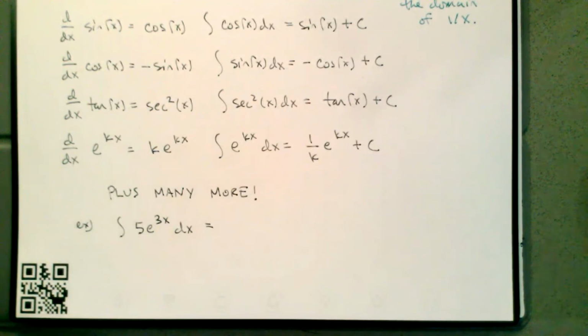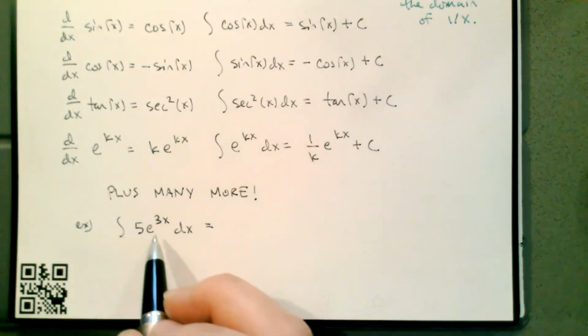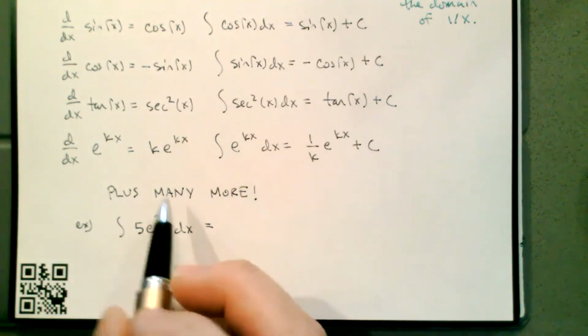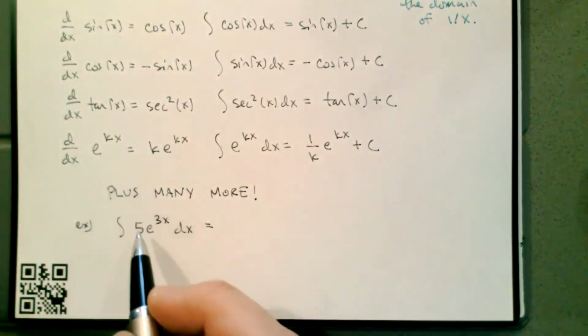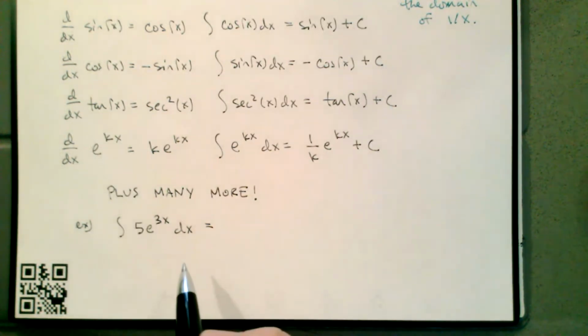Since the last one we did was this e to the kx business, let's integrate an e to the kx. What we have to do is make sure that we separate out what role each number is playing. In this example, the integral of 5e to the 3x, 3 is taking the role of the k, 5 is just a constant multiple.